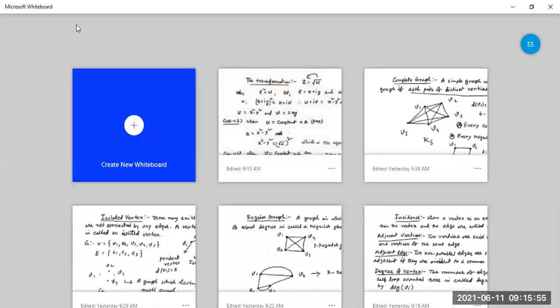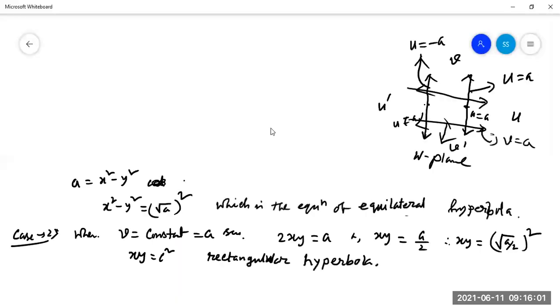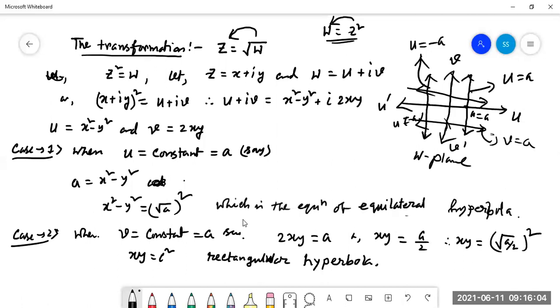transformation. Okay, say. Sir, look at the second line, sir, x plus iy whole square, you expanded it here. Sir, it will be x square plus y square, sir, it is plus. Okay, I will expand it: a plus b whole square is a square plus 2ab plus b square, right? Then it is x square plus 2ixy plus i square y square.